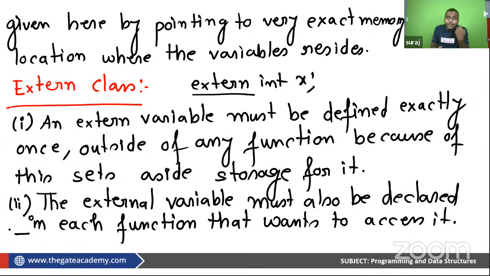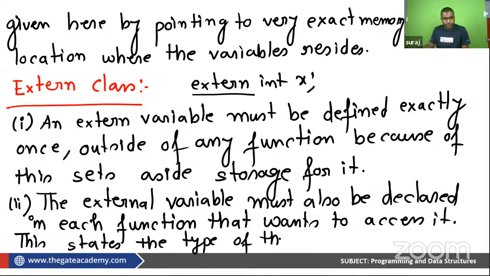Why do we require the declaration of that variable? Because we should know the type of the variable. So the external variable must be declared in every function that wants to access it. This states the type of the variable.